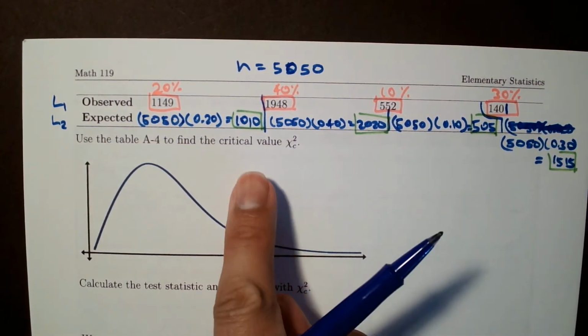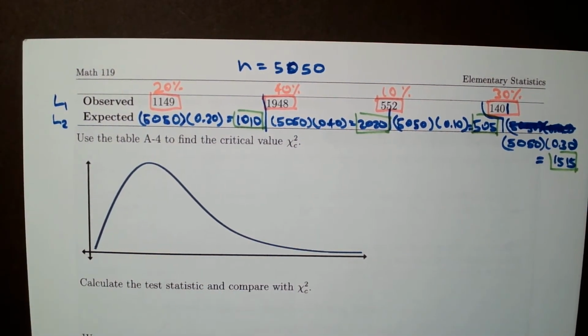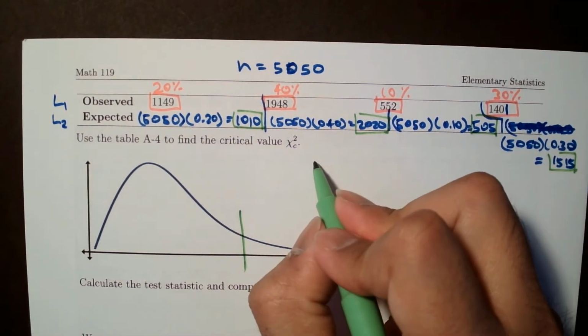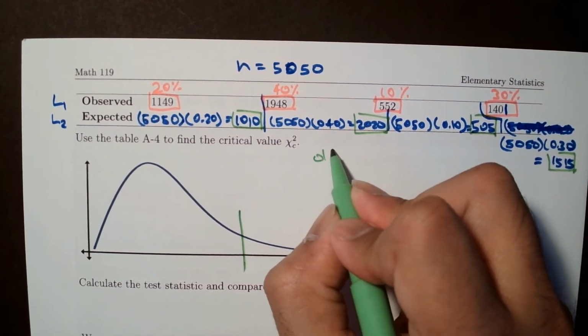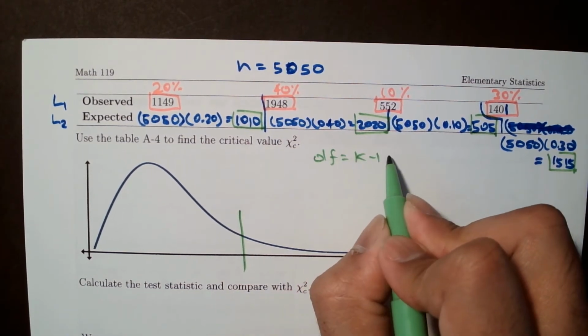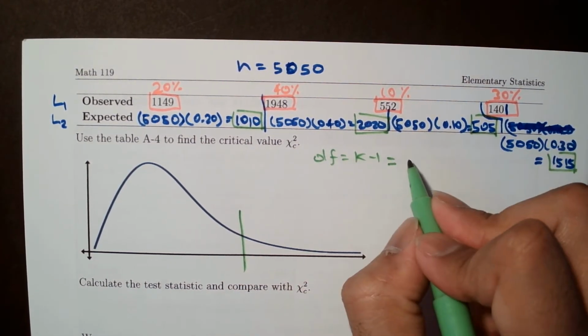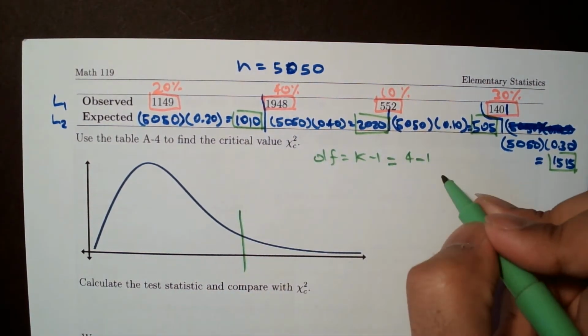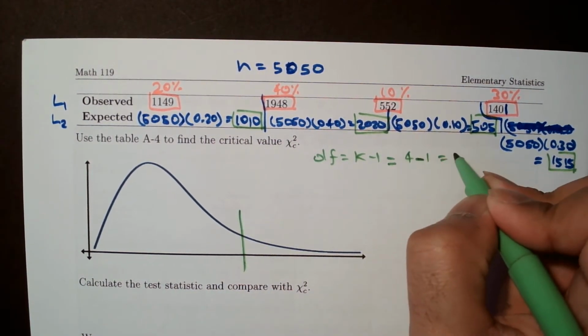So we need to find the critical value for chi-squared in this situation. Degrees of freedom will be k minus 1, which is the number of categories minus 1. That is 4 categories, which is 1, 2, 3, 4, and 4 minus 1 is 3.